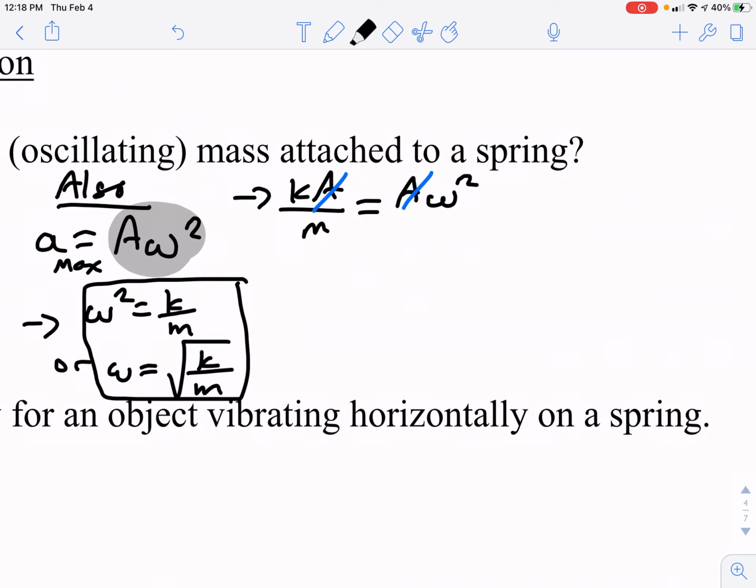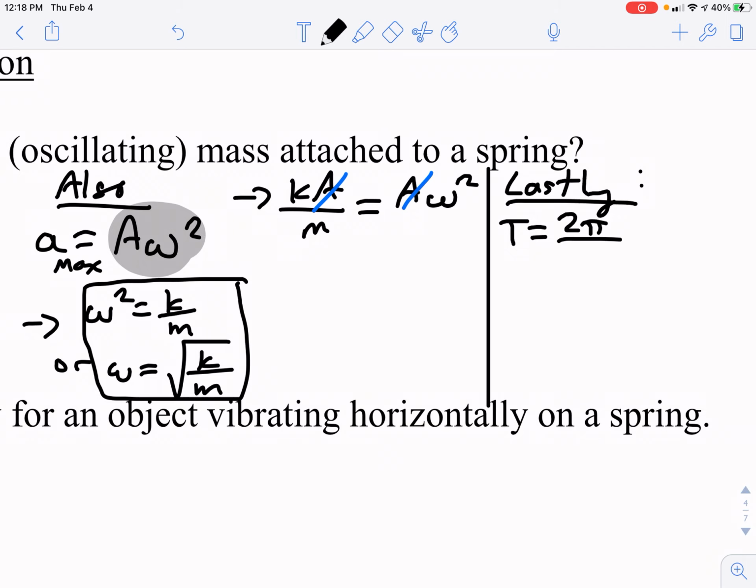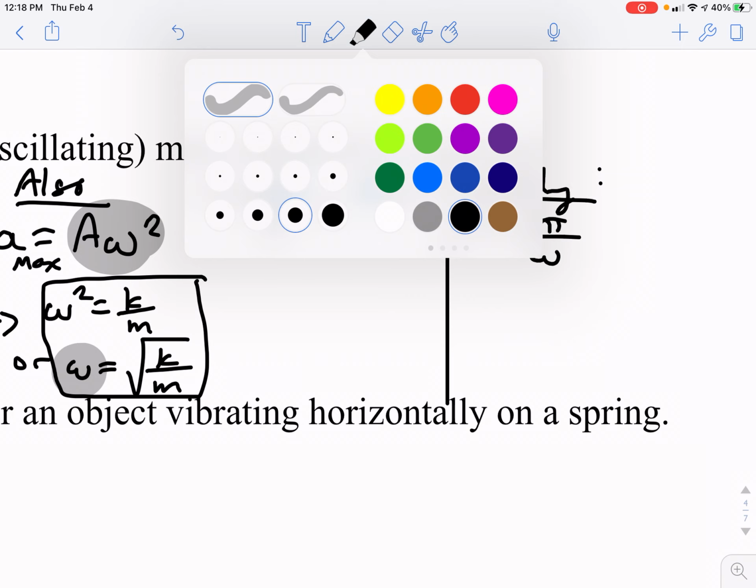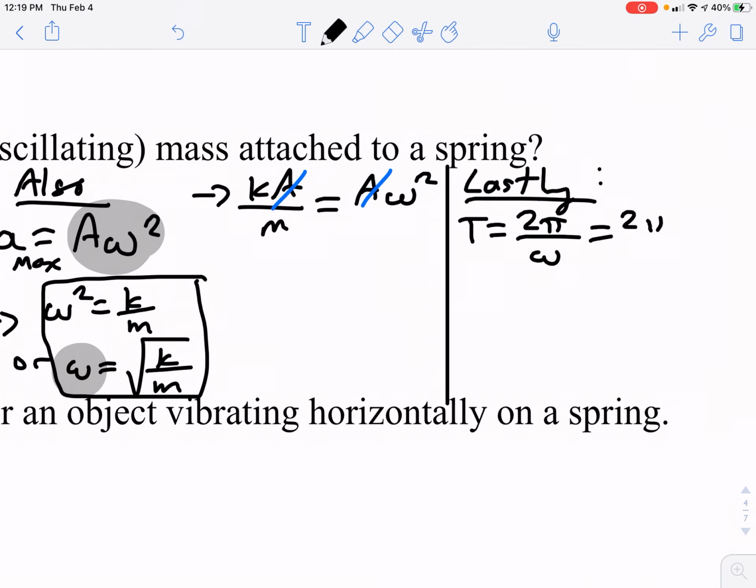Lastly, we're going to put it all together. Period is 2 pi over omega. And yet omega is the square root of k over m, so T is 2 pi over the square root of k over m.